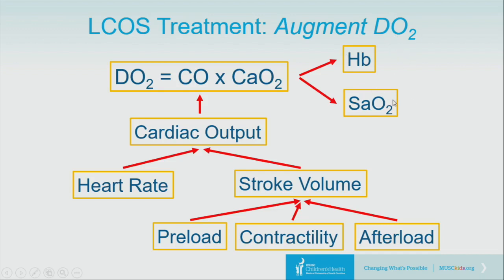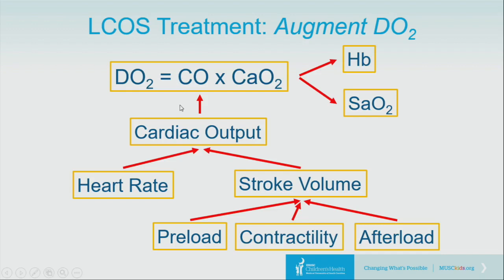As far as your systemic arterial oxygen saturation levels, if they're suboptimal for the patient's lesion because there's underlying pulmonary disease, providing supplemental oxygen or positive pressure can help bring up your arterial oxygen saturation levels, which in turn, with providing adequate hemoglobin, can optimize your arterial oxygen content.